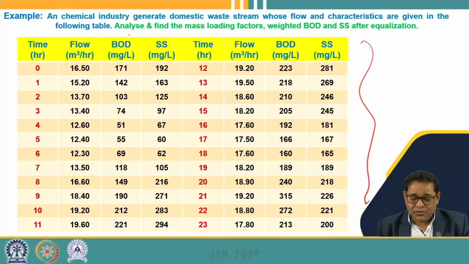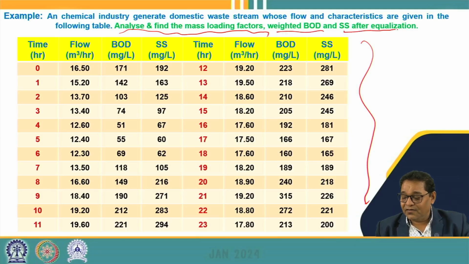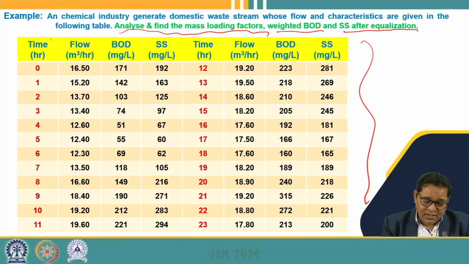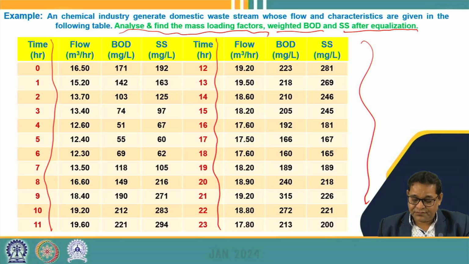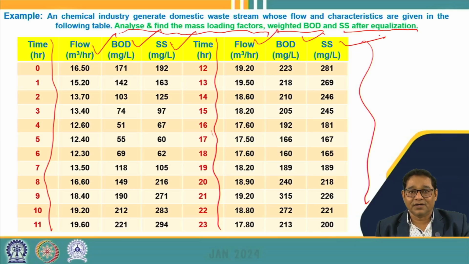We have to analyze and find out the mass loading factors, and the weighted BOD and suspended solids after the equalization tank. In the first column, there are the time durations from 0 to 24 hours. For different time periods, the flow rates, BOD and suspended solids are given.